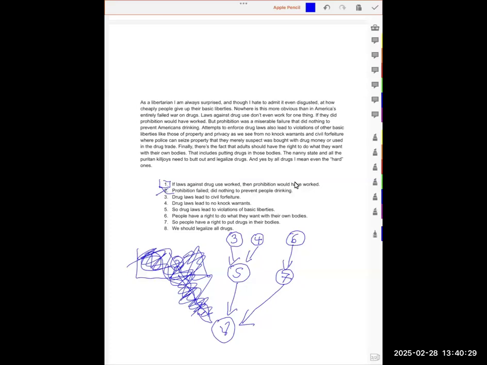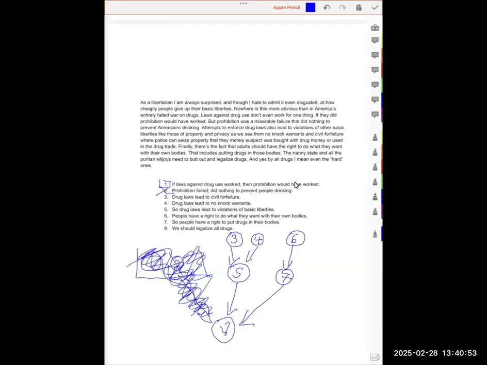The idea is to break something big up into smaller pieces and see exactly how those pieces fit together, so you can take it one small piece, one small step at a time. And that will allow you to evaluate arguments much better than if you just try to read the whole thing and think about it all at once.